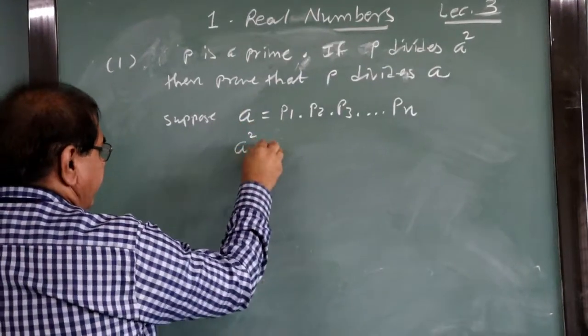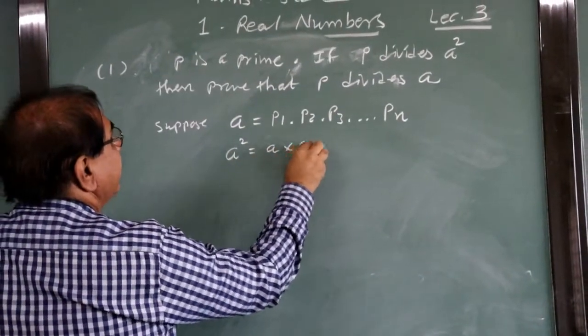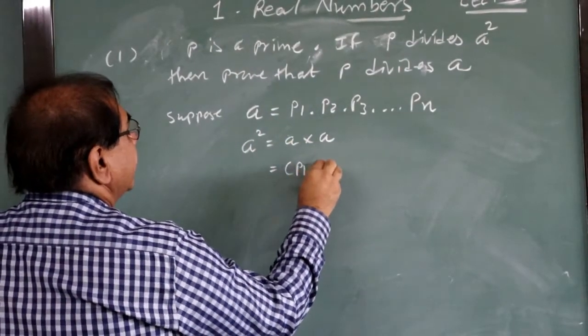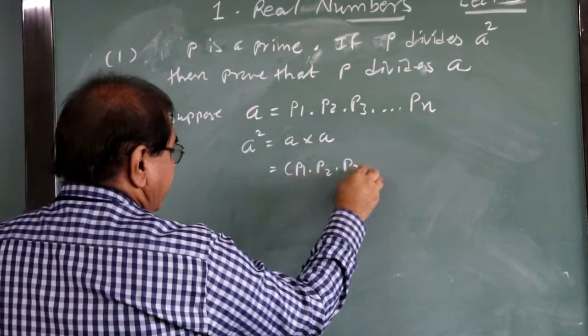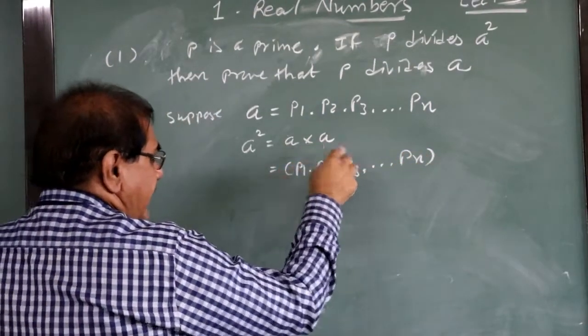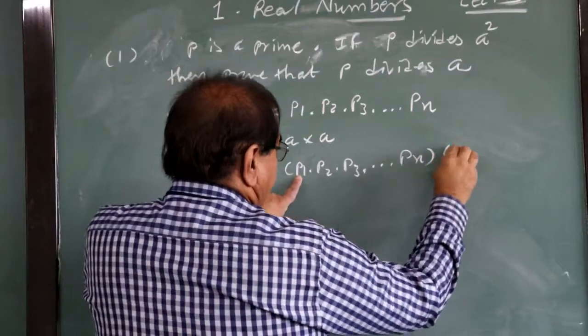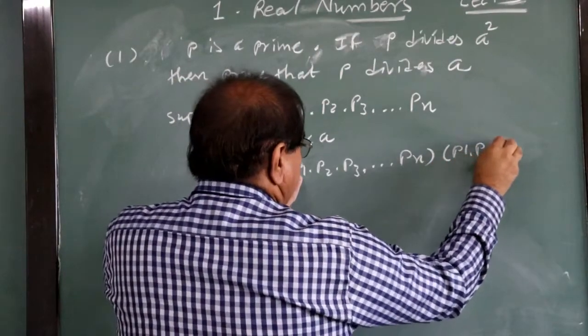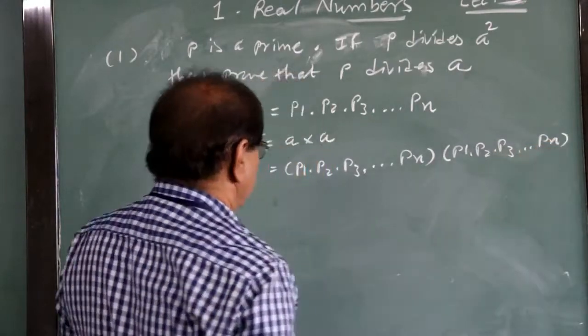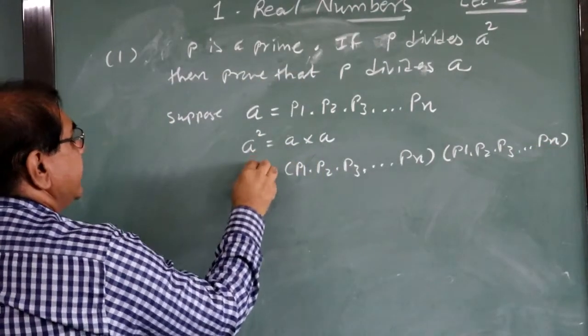If I take the square of it, A square means A multiplied by A. That is, what is A? P1 into P2 into P3 into up till Pn, multiplied by again the same number A, P1 into P2 into P3 up till Pn, okay? So this is A square.